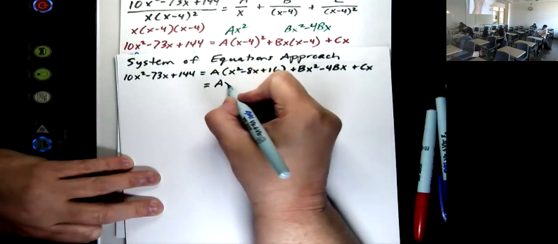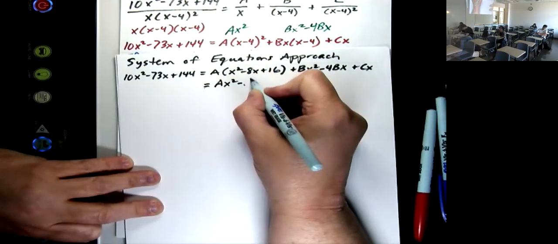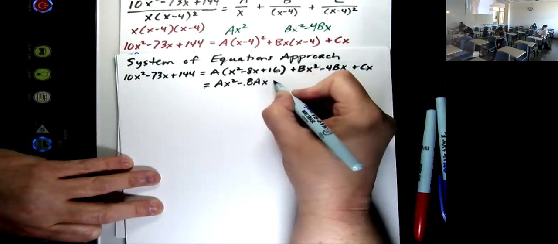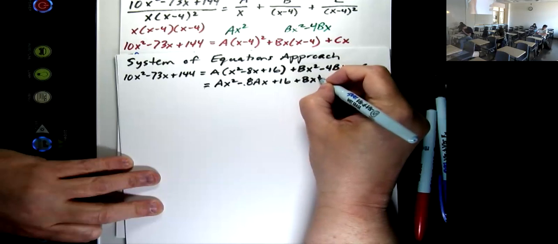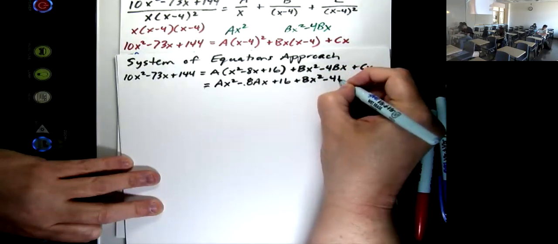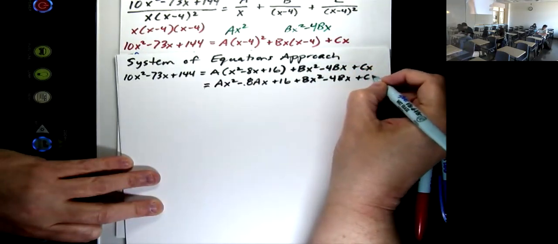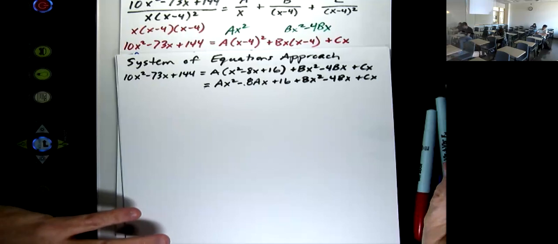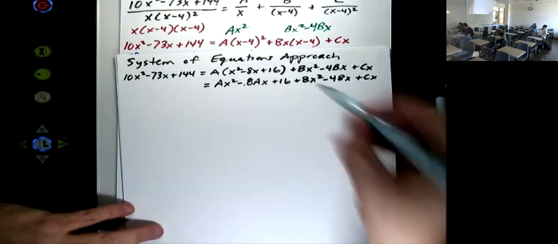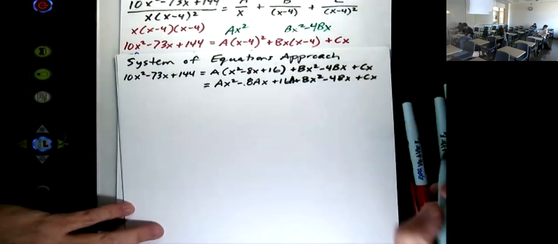So I have Ax squared minus 8Ax plus 16A, plus Bx squared minus 4Bx plus Cx. Plus 16A, I'm missing that.